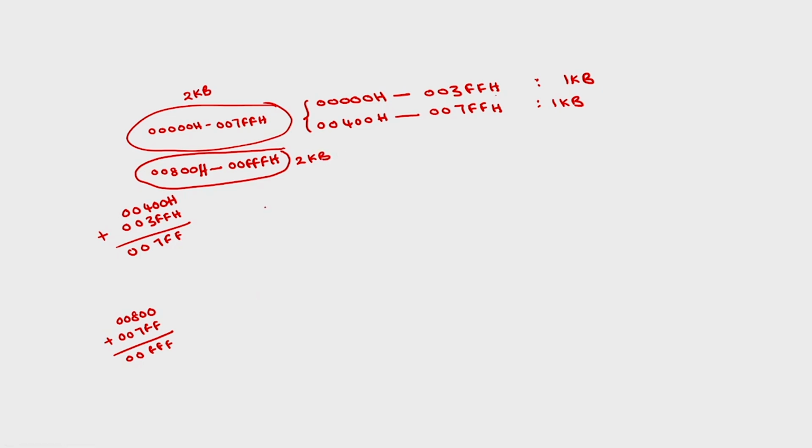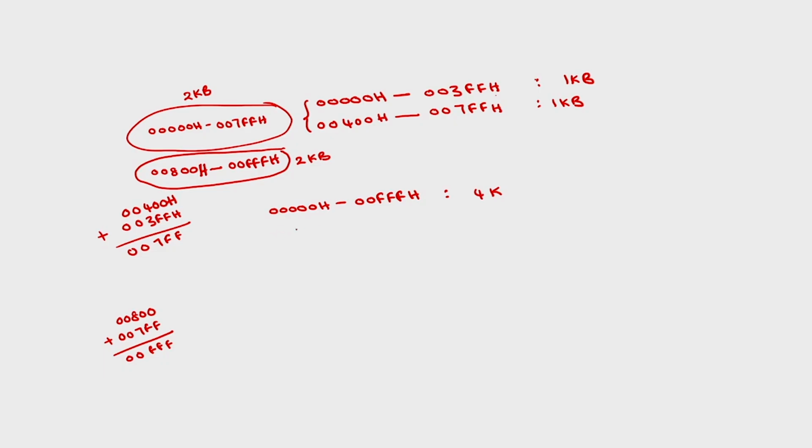So if I start with 00000H and end with 00FFFH, then this 2K plus this 2K is 4K. Simply adding FFF will give 4K. If I want 8K, what is the next address?